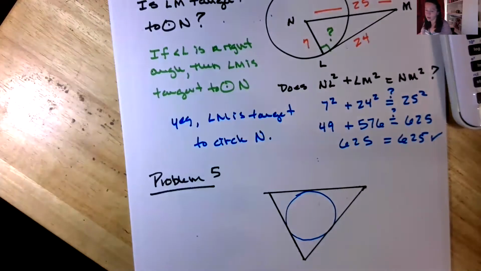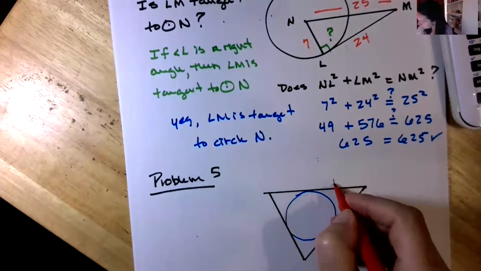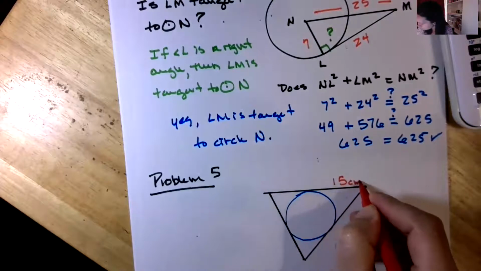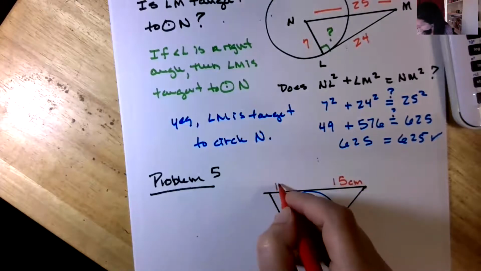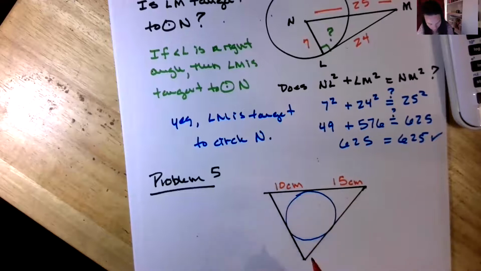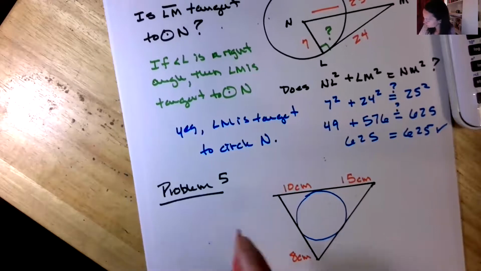Okay. This can be a challenge to sketch. Okay, this is 15. This is 10. And this is 8. So what's the perimeter of ABC?